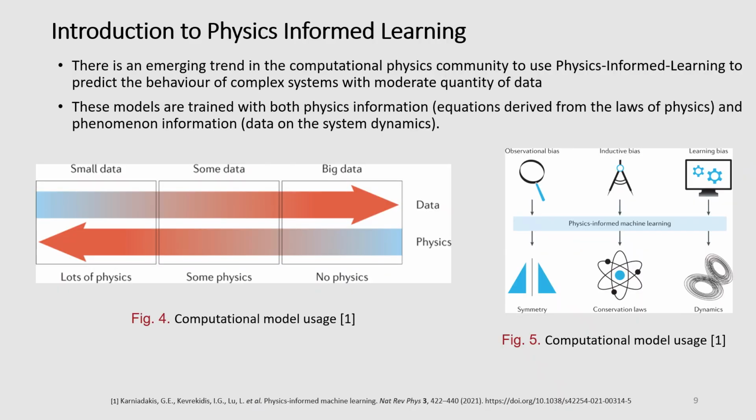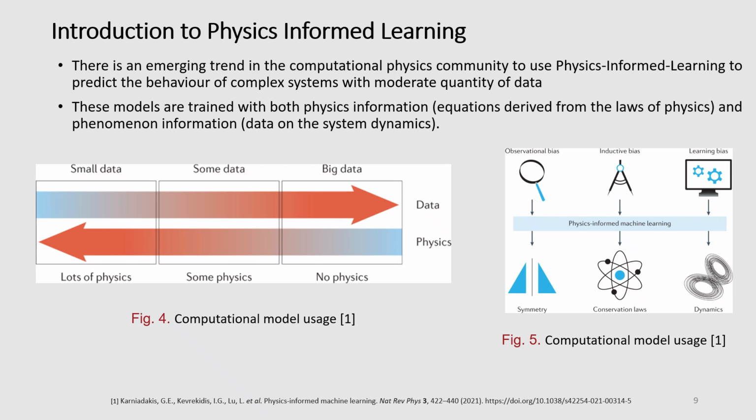Luckily, all hope is not lost, as there is an emerging trend in the computational physics community to use physics-informed learning techniques to predict and understand the behavior of complex systems even with a moderate quantity of data. So these models are trained with both the physics information, which is derived from the laws of physics, and the phenomenon information, which is the experimentally obtained data on the system dynamics.